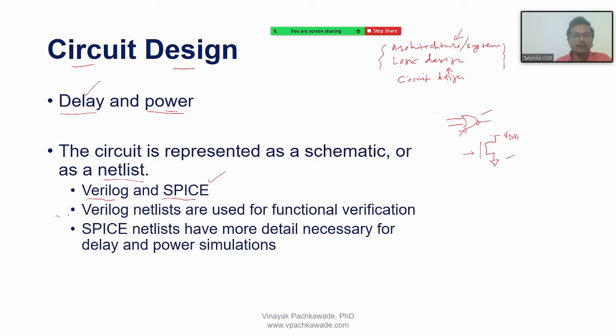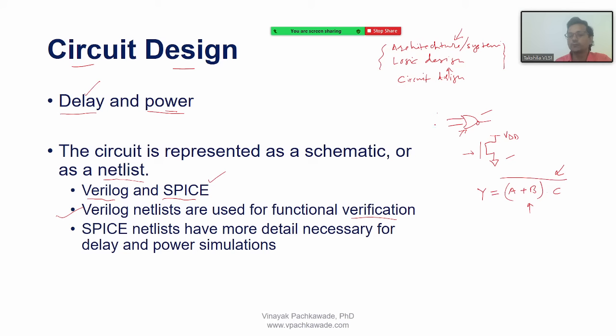So the Verilog netlist is used for functional verification. For instance, I have a Boolean function, y equals a or b and c whole bar. So it's a logic function. I am given a task to write a Verilog netlist to explain this function and verify this logic.